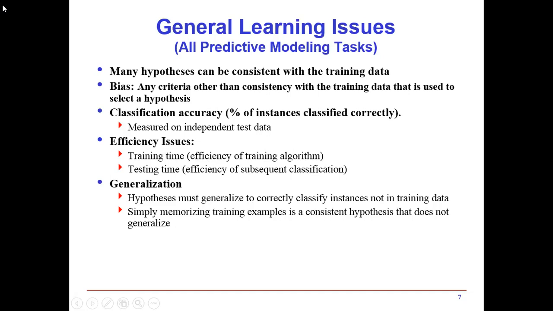And the last one is generalization. Generalization means your classifier can correctly classify instances not in the training set, like test data. Then we call it a general hypothesis. And if it is not able to classify them, then we call it a consistent hypothesis, because it only classifies the training data and not the test data.